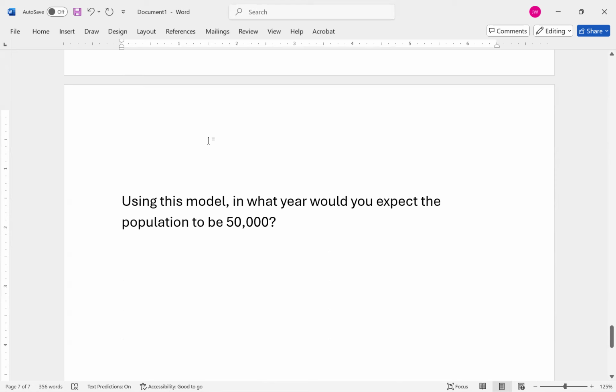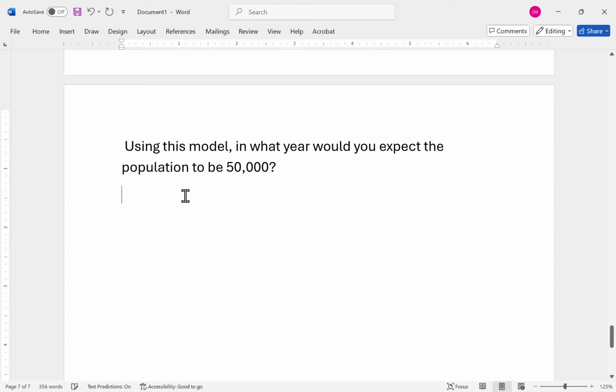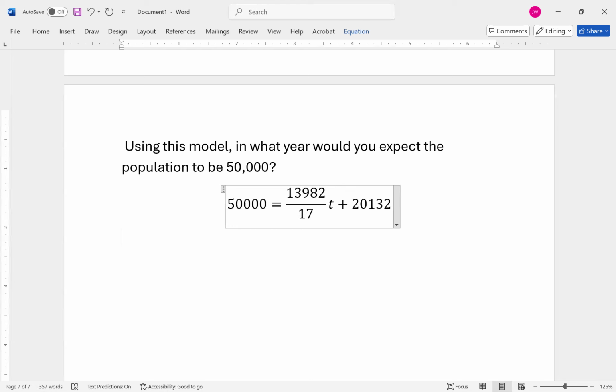Now, the last question says, using this model, in what year would you expect the population to be 50,000? So you type in 50,000, and then you'd set that equal to 13,982 over 17 times t plus 20,132. You would subtract 20,132 from both sides.